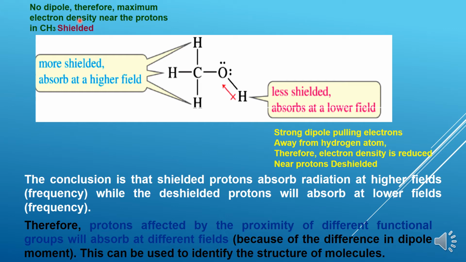Therefore, the maximum electron density near the proton in CH3 is available, so they are shielded. The conclusion is that shielded protons absorb radiation at higher field, while de-shielded protons absorb at lower field. Protons affected by the proximity of different functional groups absorb at different fields. Therefore, the difference in dipole moment can be used to identify the structure of a molecule.